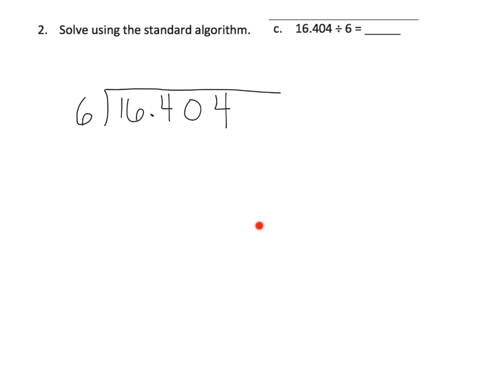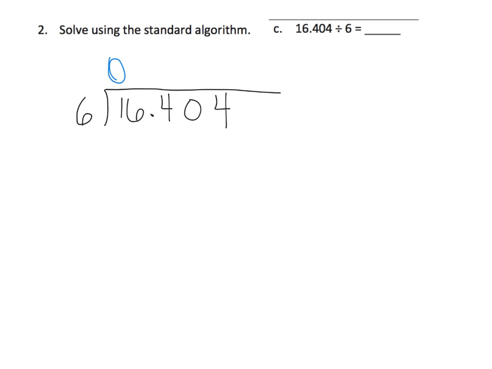So now we're going to do the standard algorithm, but I'm going to try and refer to that place value system. And so what we've got is we've got 110, and that 110 cannot be cut into 6 groups equally, so I'm going to put a 0.